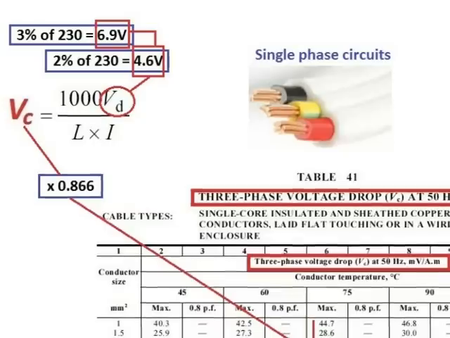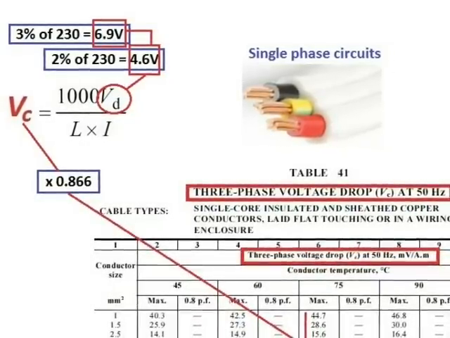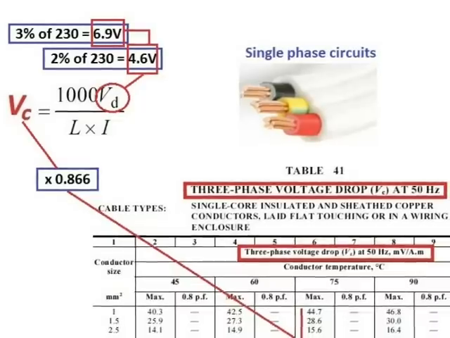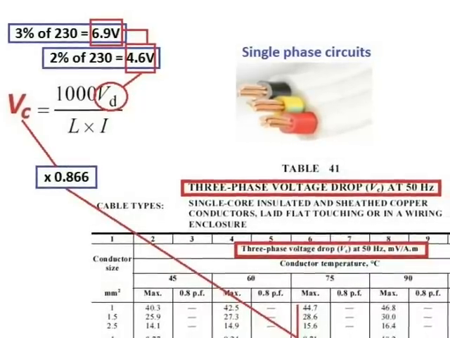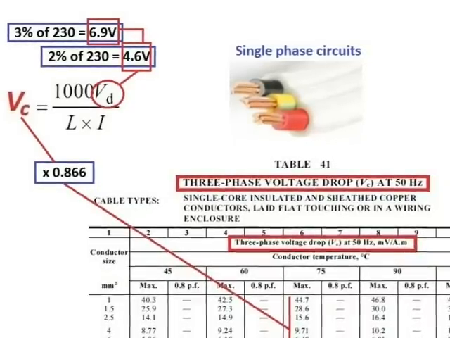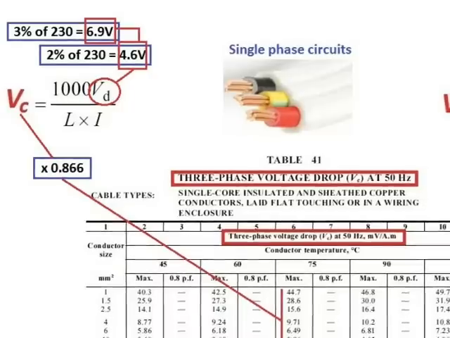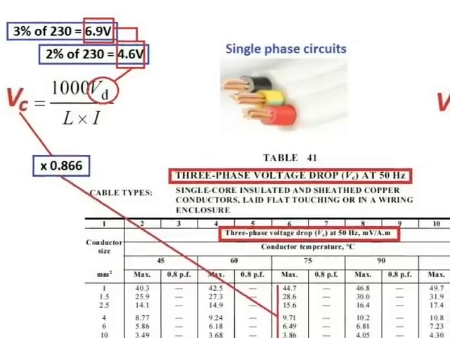In the case of a single phase circuit, it's up to 11.5 volts of the 230 volts. So if it's 3%, I'll be using 6.9. If it's 2%, 4.6 volts, or any percentage in between that's deemed to be suitable.